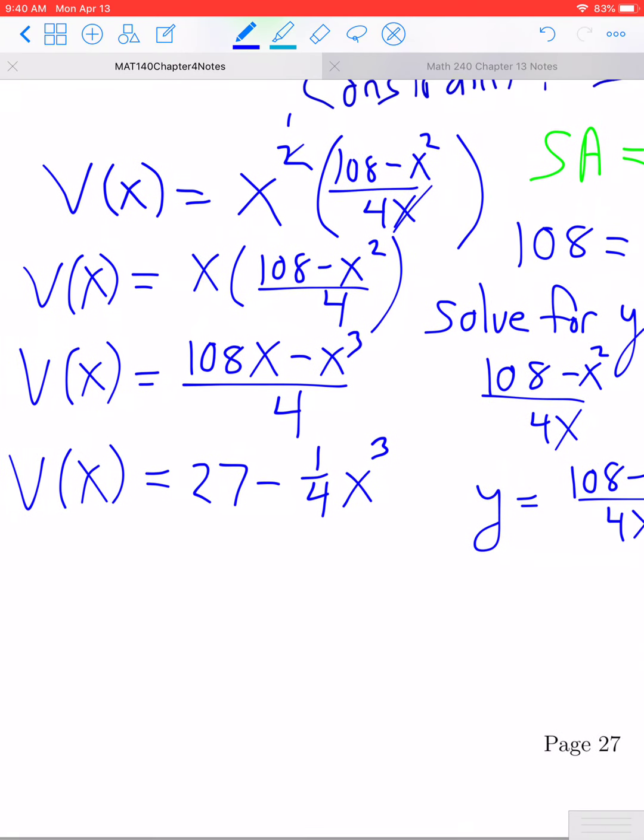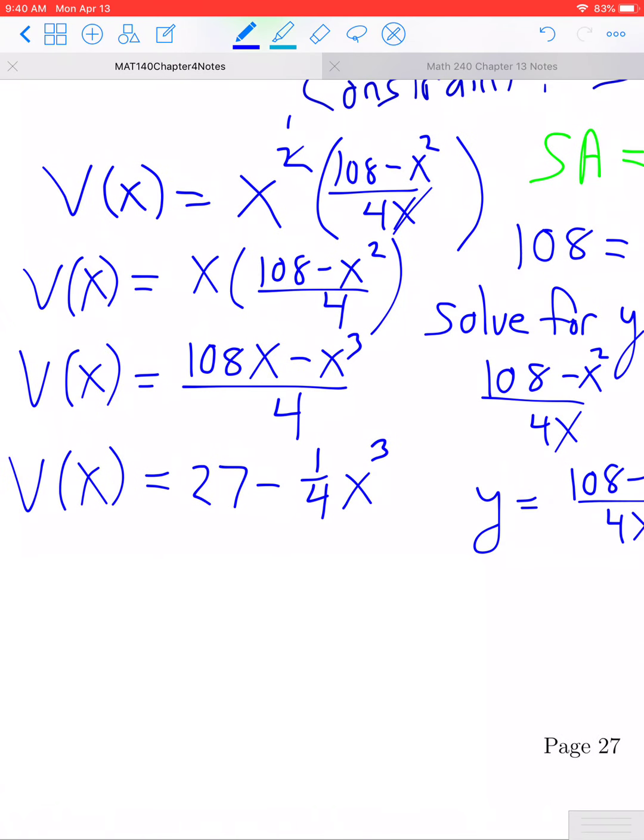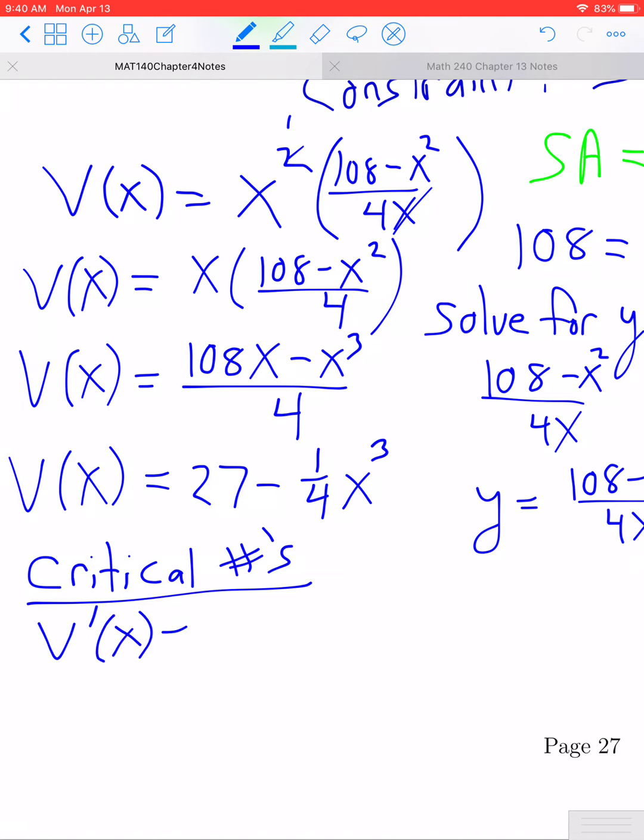If we wanted to find a maximum or a minimum for this function, we should start by finding the critical numbers. I'm going to take the derivative, set it equal to 0.